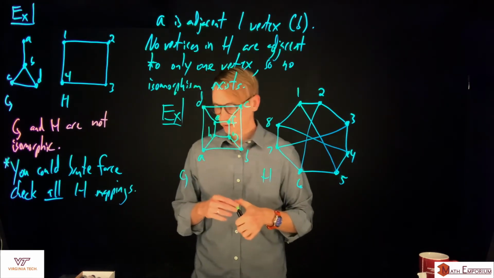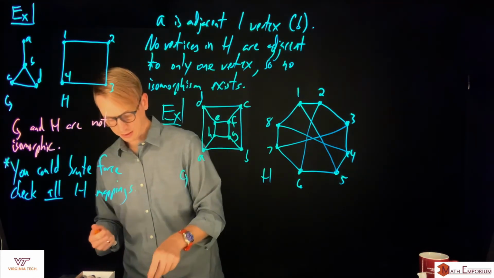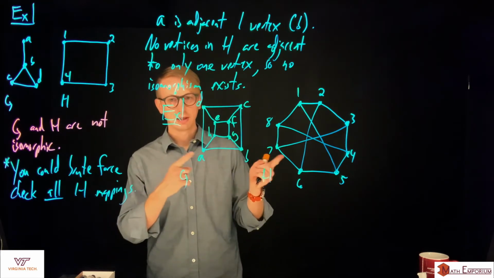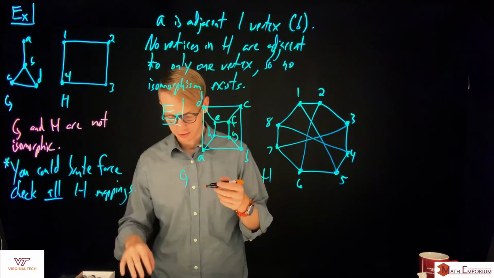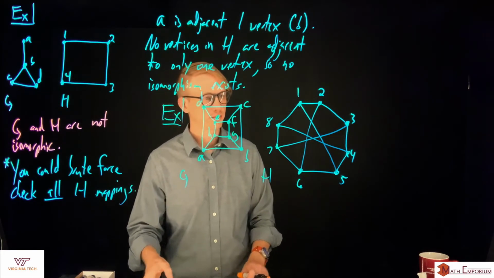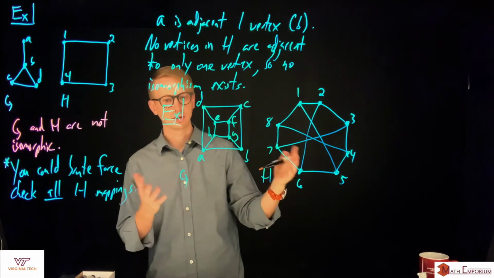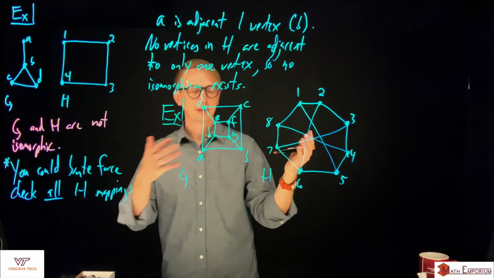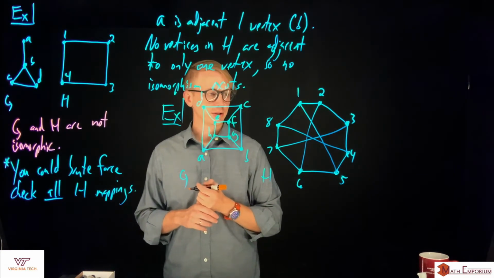So I'm going to show that G has a feature that H does not, and this will show that they're not isomorphic. Isomorphic graphs should have the same features, at least as long as they're graph specific instead of drawing specific. You can't say this one has a straight line, this one has a curly line, and so they're not isomorphic. You can't just say one's drawn different. That's not an explanation at all.